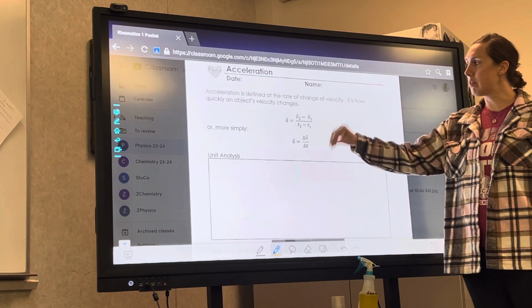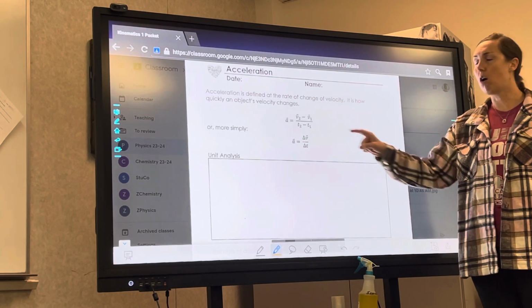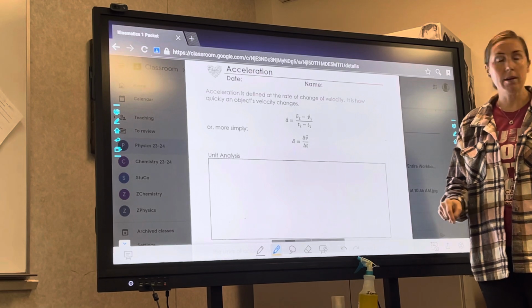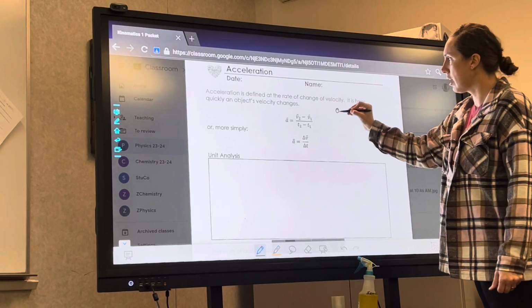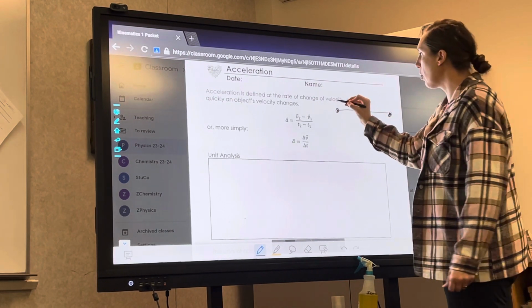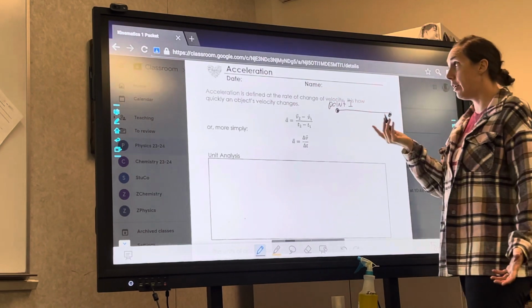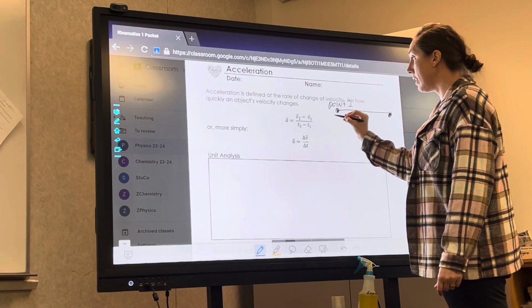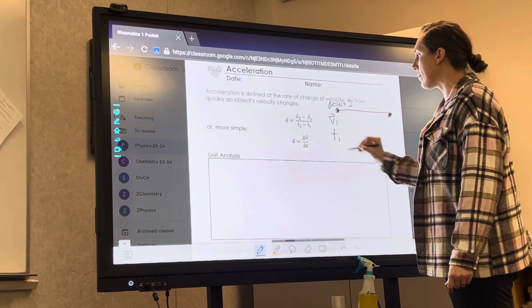Or if we want to put all this together, acceleration is your change in velocity all over the change in time, okay? So keep in mind, you're going to need 2 points. You need point 1, where we need to know the velocity at that point and the time at that point.